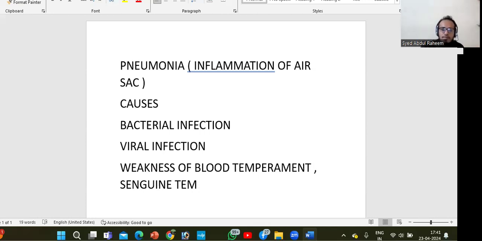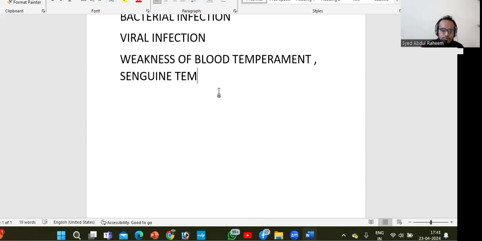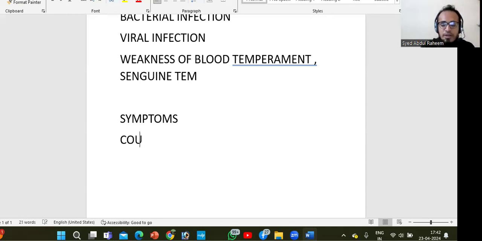Next thing is, what are the symptoms? Because this is a bacterial infection, the patient will have fever. One symptom of the respiratory system is cough with phlegm, or pus or sputum, cough with sputum.